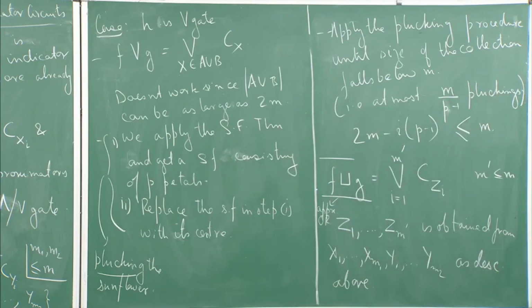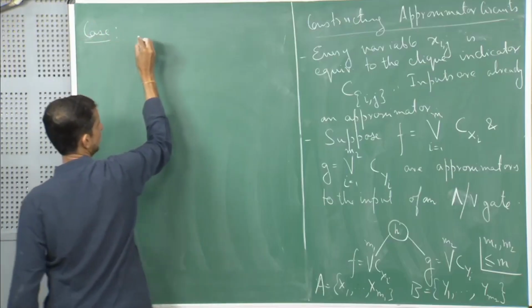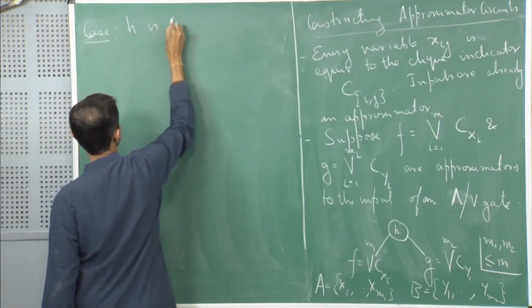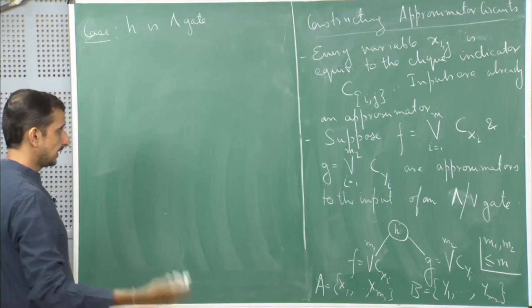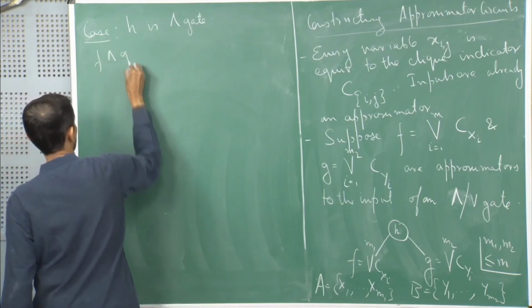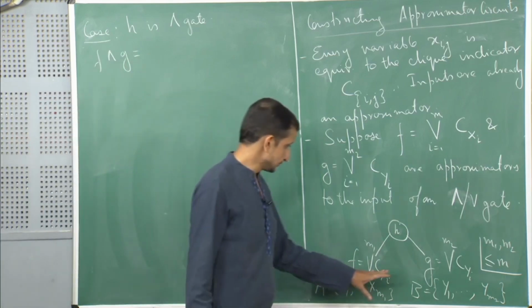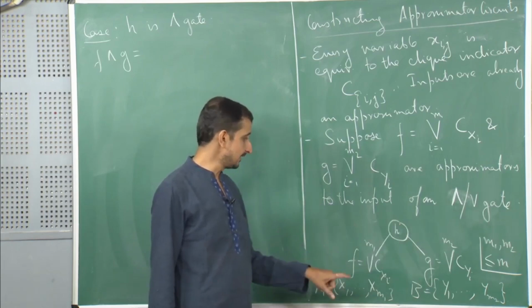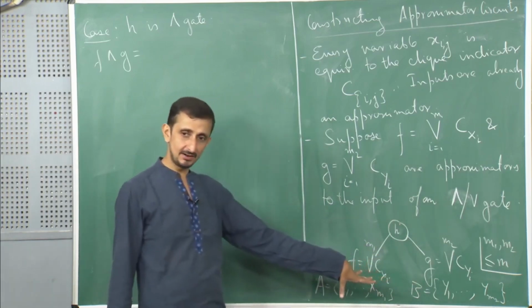Now similarly we will define the approximate AND as well. So once again let us see the case when H is an AND gate. What is the natural way of doing AND? How is AND defined? H will output 1 if both f and g are 1. When are both f and g 1?